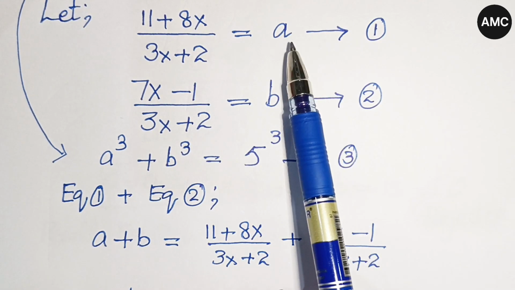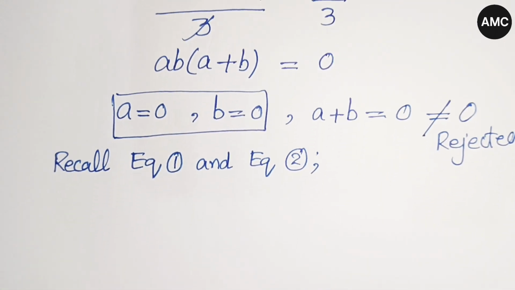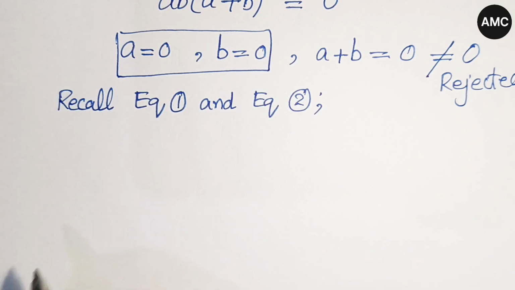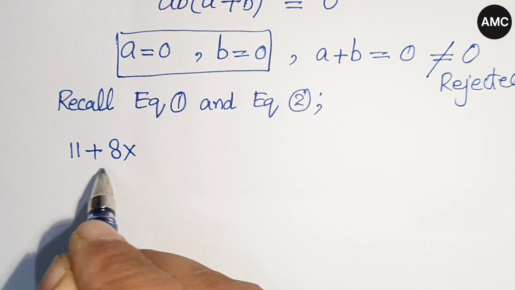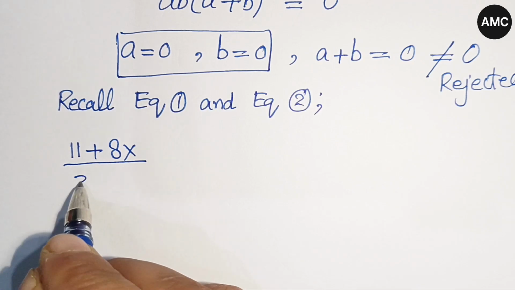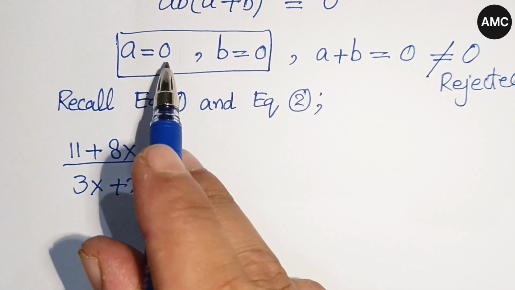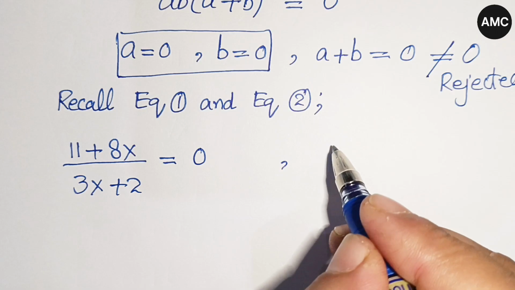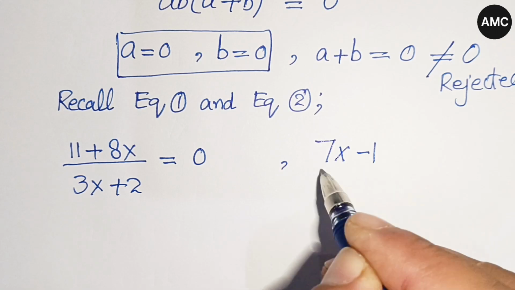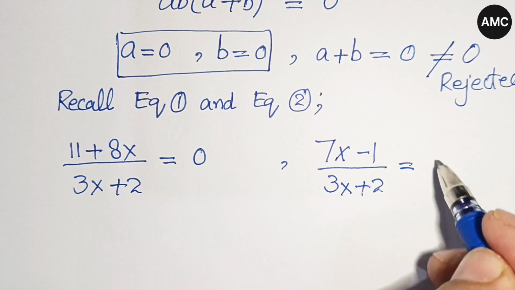So we have to put the value of a and b. Now here equation 1 is 11 plus 8 times x all over 3x plus 2 is equal to a. So here a is equal to 0, we just put the value of a. Similarly equation 2 is 7x minus 1 all over 3x plus 2 is equal to b, and b is equal to 0.